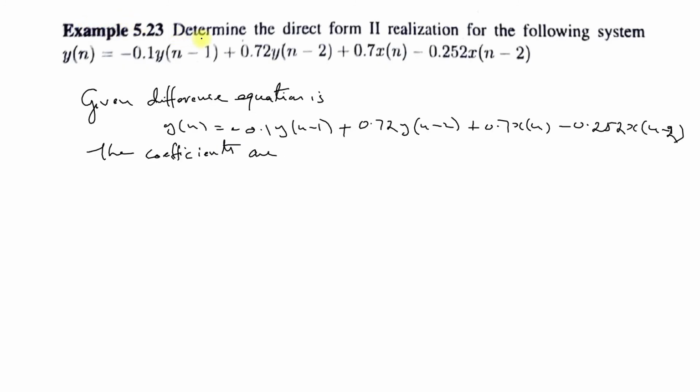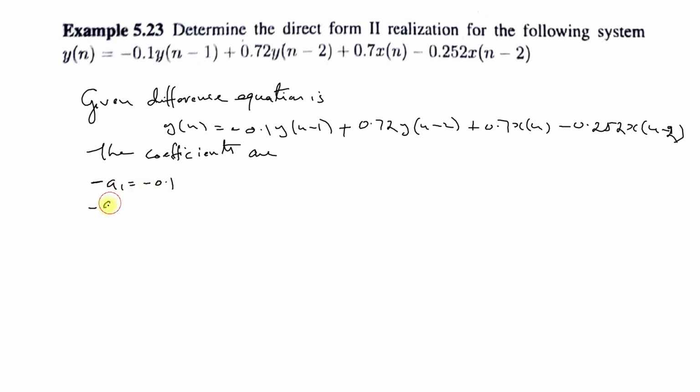Here's an example based on the direct form 2 realization. So the question is given like that. As a first step, you have to write the given difference equation. Then the coefficients are, here you can see y of n minus 1 corresponds to this one. So minus a1 equal to minus 0.1.